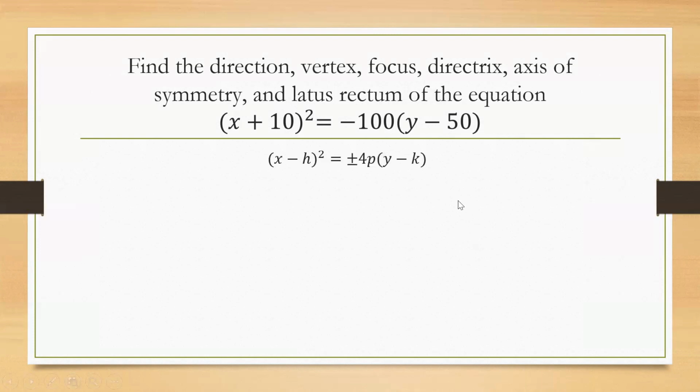So first, let's write this down as our guide. Then, based on the given equation, you can already determine the direction. So since x is being squared and our 4p is negative, therefore our direction is downward.